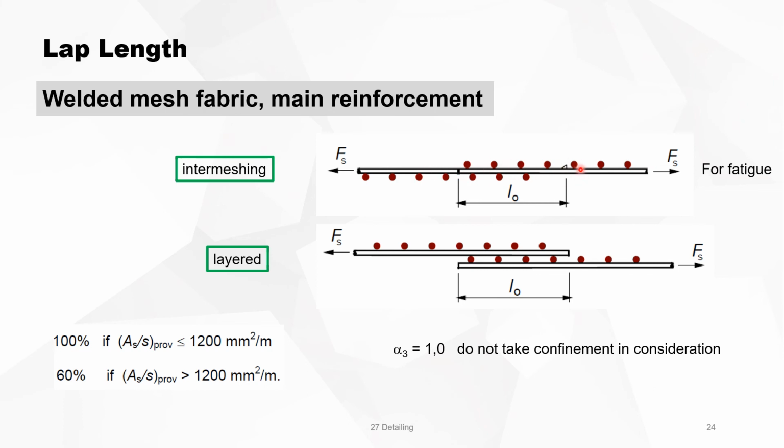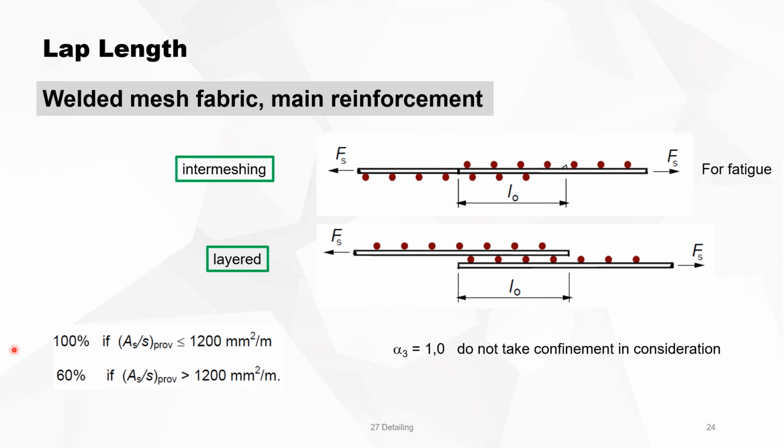So this mesh is just turned upside down regarding this mesh. This intermeshing is needed for fatigue purposes. And you can also layer it. It means you just put it one on top of the other, but you see that you lose distance. So it's better that you turn this upside down.